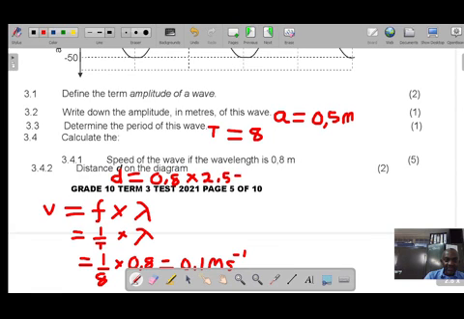Which answer do we get here? 0.8 times 2,5, I get 2. So my distance D is 2 meters.